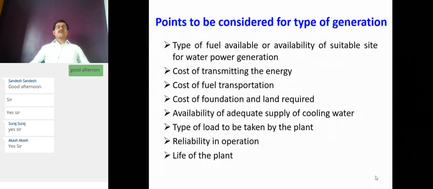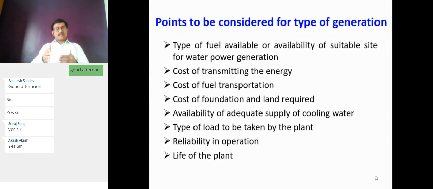We will not see a diesel power plant of the capacity of 500 megawatt or 1000 megawatt. No, it may be 500 kilowatt or like that. Whereas if we see the thermal power plant, 250 megawatt, 500 megawatt, hydroelectric power plant, 500 megawatt, nuclear power plant maybe 1000 megawatt, isn't it?